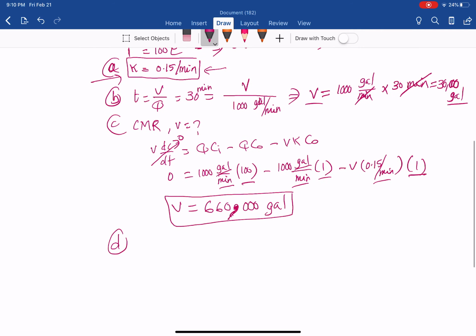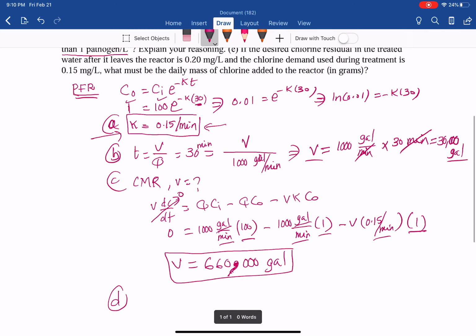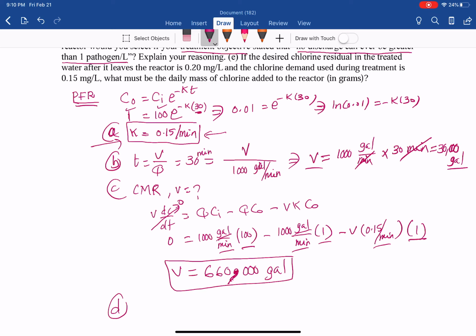Okay, so for this you could see that the volume here is 660,000 gallons, while the volume there was 30,000 gallon.